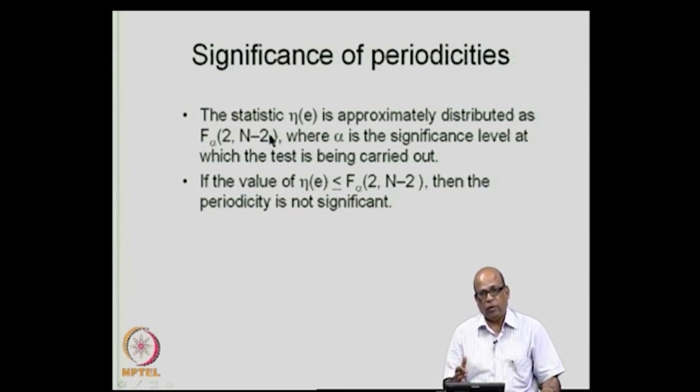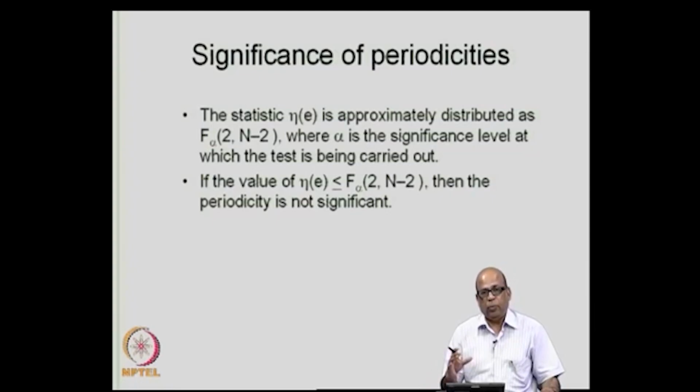In fact, this is just the same test that we did in our spectral analysis to identify the significance of periodicities. And then you check the value of the statistic that you have calculated, eta of e. If this is less than F alpha 2, n minus 2, then the periodicity is not significant.